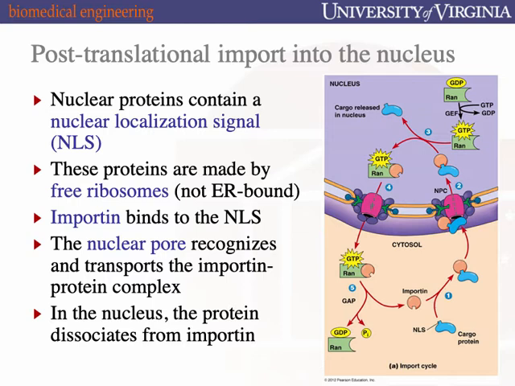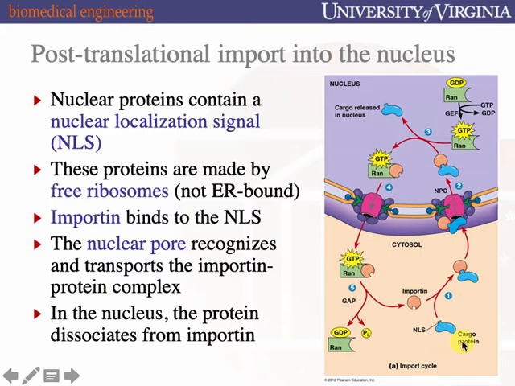The way in which the cell circumvents that thermodynamic challenge is to use another thermodynamic gradient to make it favorable inside the cell. And the other gradient that counterbalances the concentration gradient for this NLS-containing protein involves a small G protein, a GTP binding and GTP hydrolyzing protein called RAN.